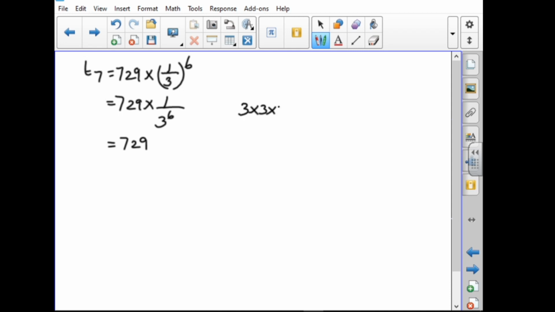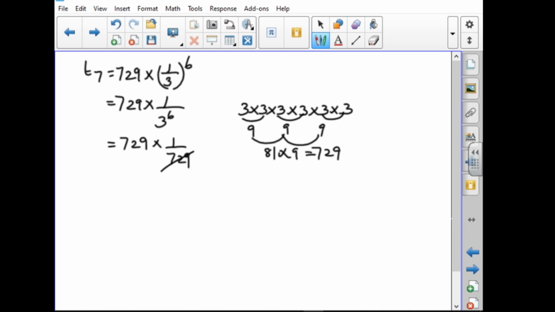So 3 into 3 into 3 into 3 into 3 into 3. 3 3s are 9, 3 3s are 9, 3 3s are 9. 9 9s are 81, 81 into 9, the answer will be 729. So the answer will be 729 by 729. Cancelling these two numbers, the answer will be 1. So T7 equal to 1.